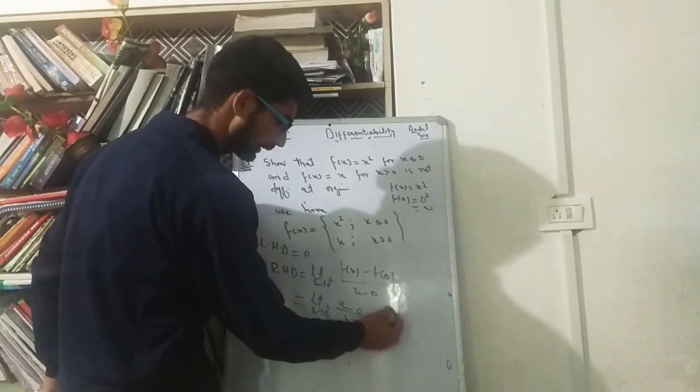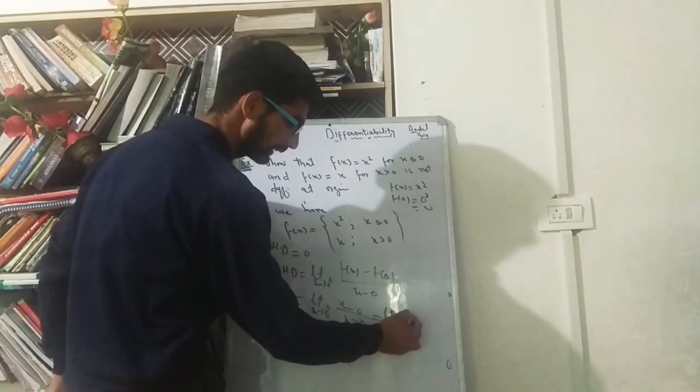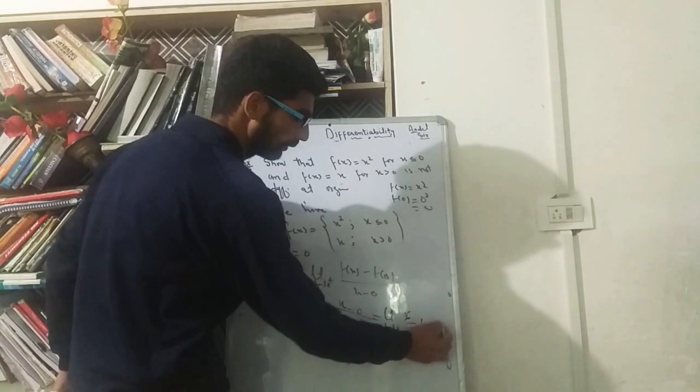So it will be limit of x divided by x, that is 1, so it will come out as 1.